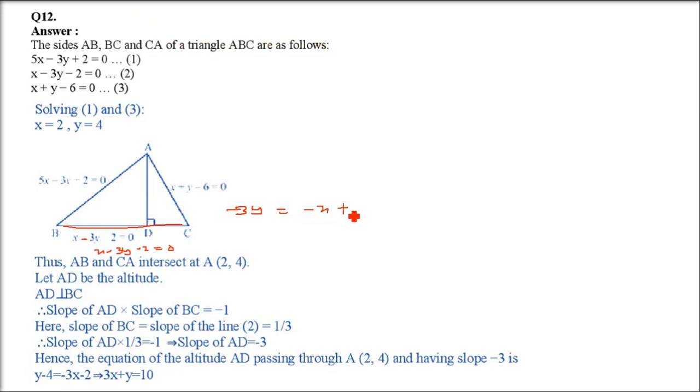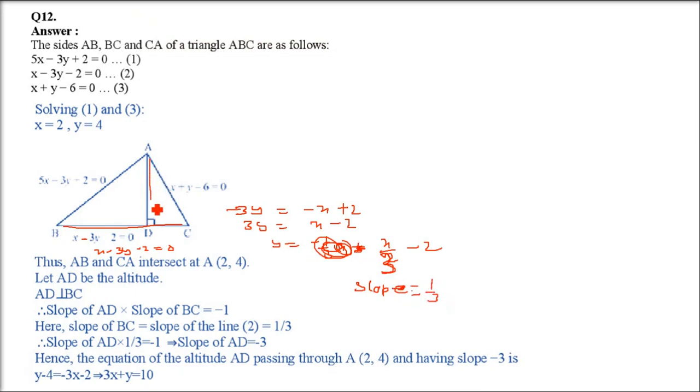Let us write minus 3y equals 2 minus x, so y equals 1 by 3 x minus 2 by 3. So 1 by 3 is the slope of BC. But we are interested in the slope of AD, so m, as I said, will be the negative reciprocal. Now the slope is minus 3.